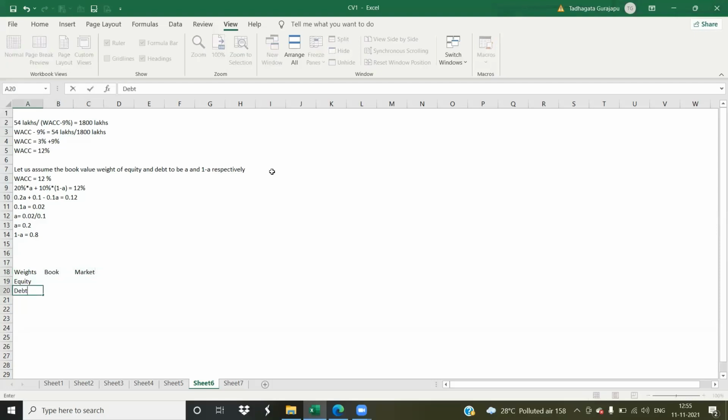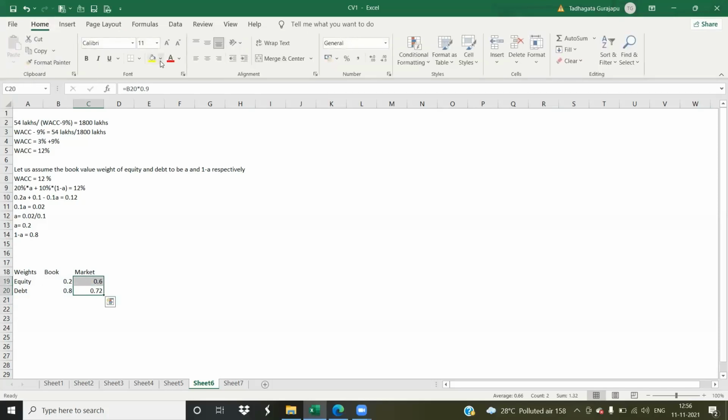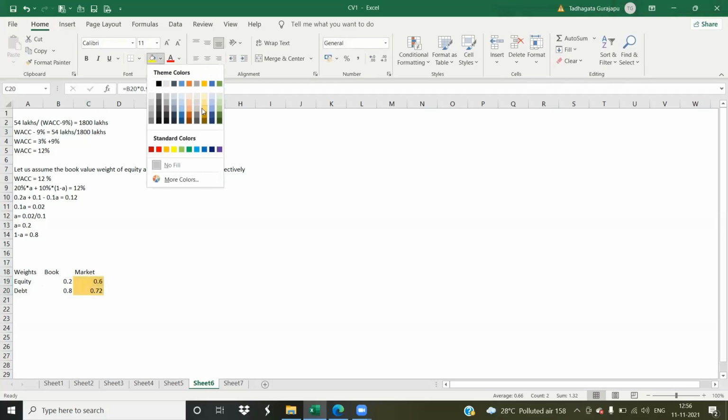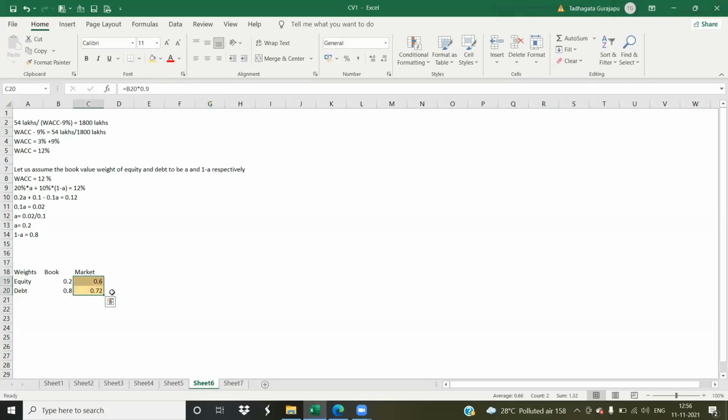Equity book is 0.2, 0.8, right? What is market? 3 times of this. What is this? 90% of this. So these two weights we are supposed to use.